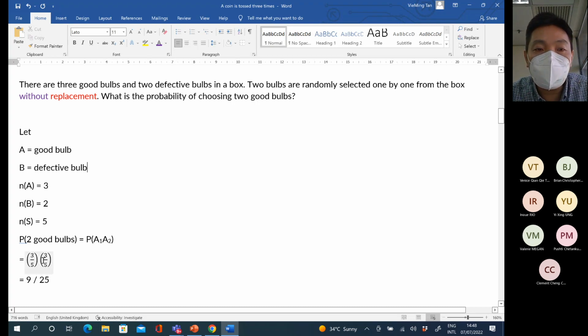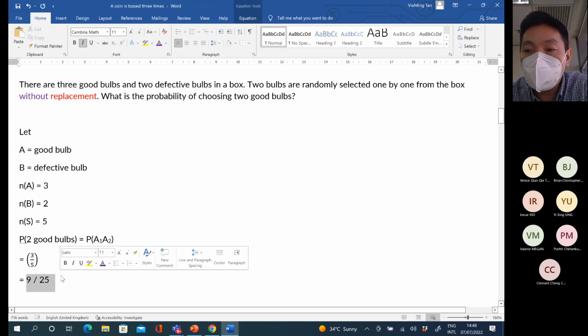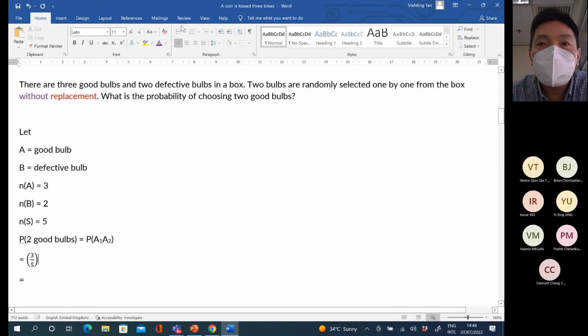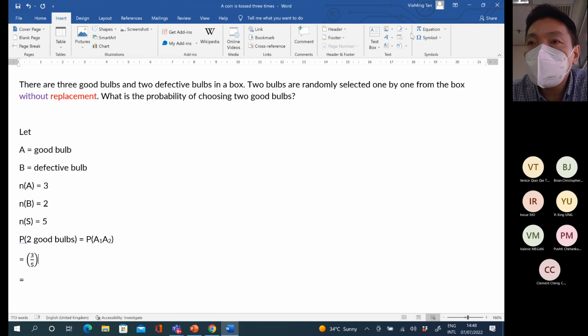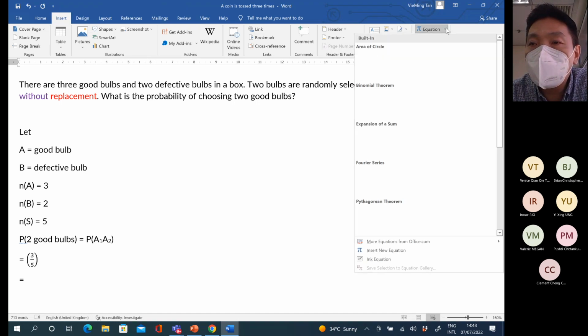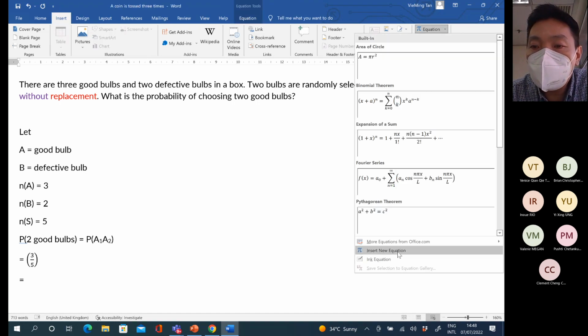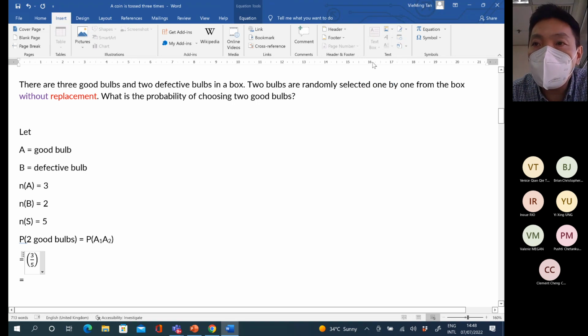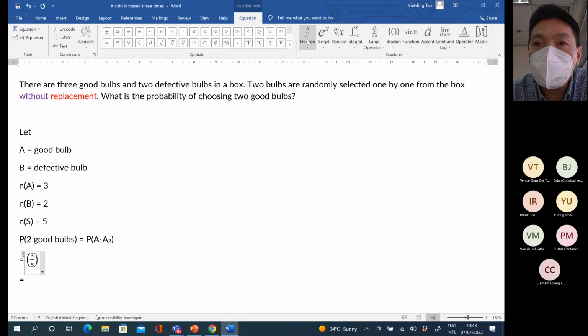This is going to change. The first event is still okay, but the second event result will get affected because the first bug chosen is not returned inside the box.